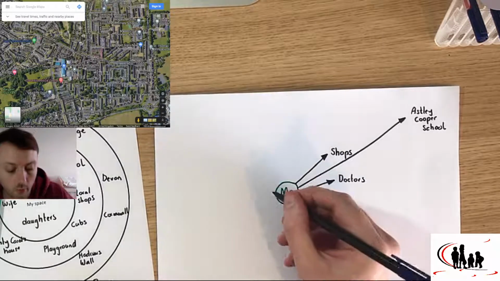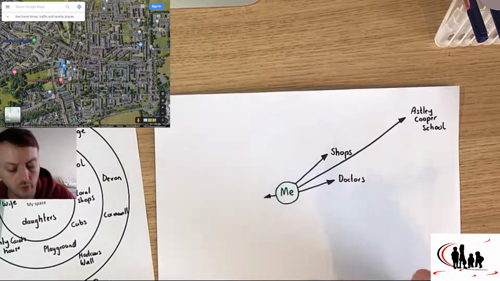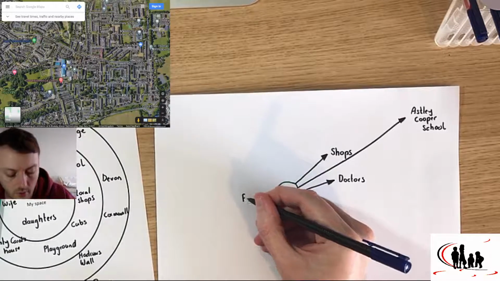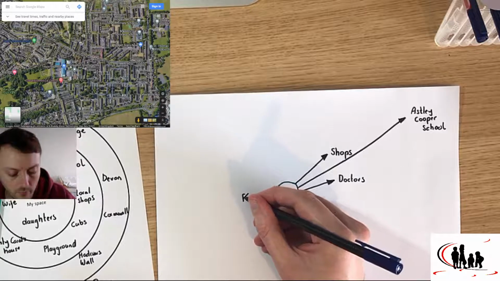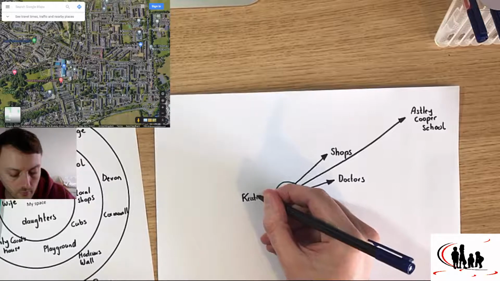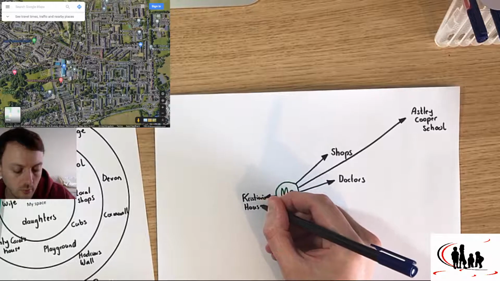I don't anymore, but when I was your age, I had a friend who lived in Huntingate, which is very close in that direction. So I'm going to put Christian's house. My friend Christian.